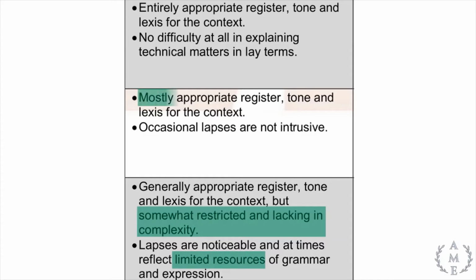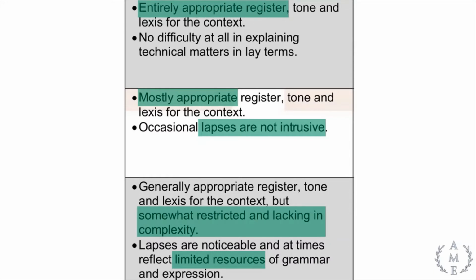Okay, to get the level 5, it needs to be mostly appropriate. So again, just fewer uses of inappropriate register, and any errors that you do make should not get in the way of what it is you want to say. They should not make it too difficult for the other person to get the information that you're trying to express.